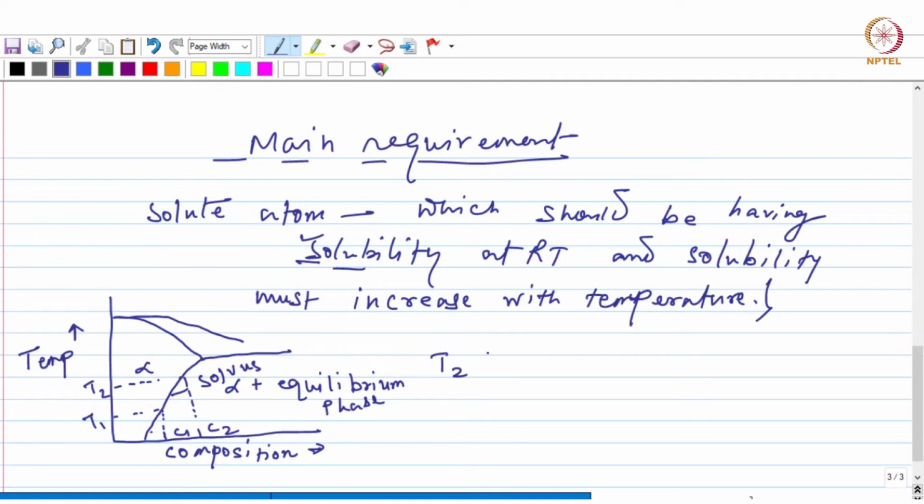When T2 is greater than T1, C2 is also greater than C1, right? So this is the requirement which has to be satisfied. And why is that so? That is something that we need to understand now, okay?